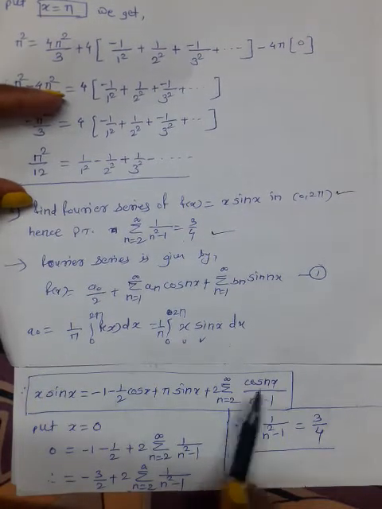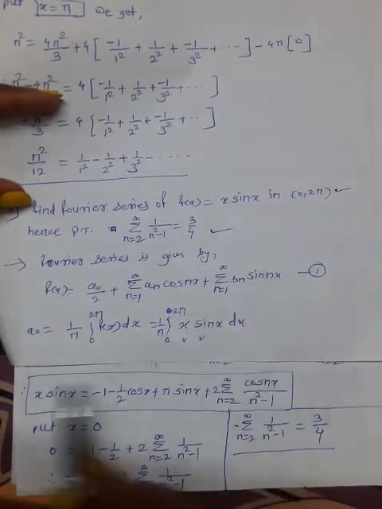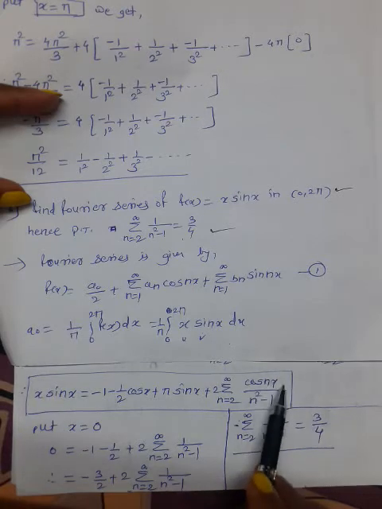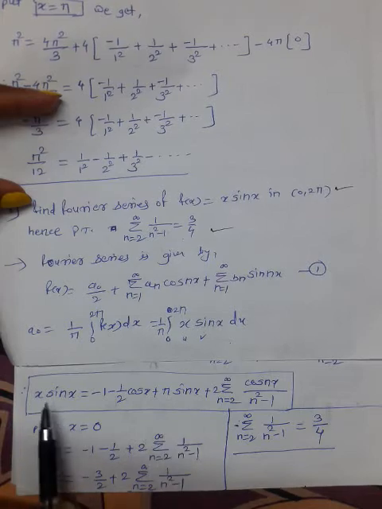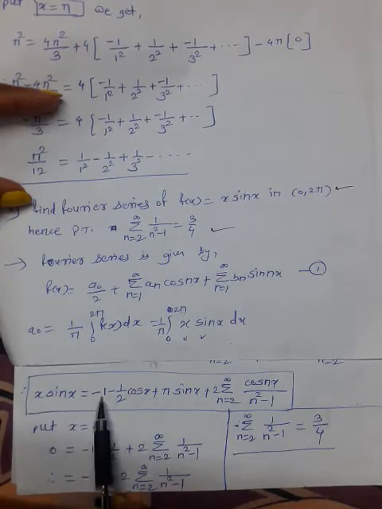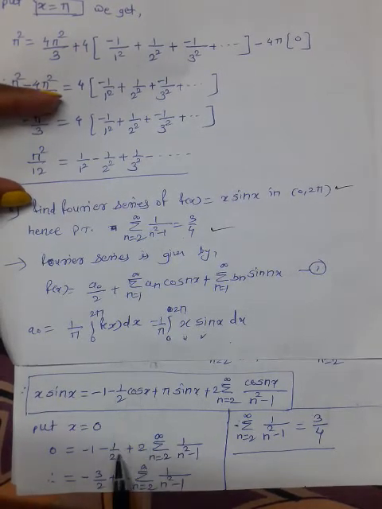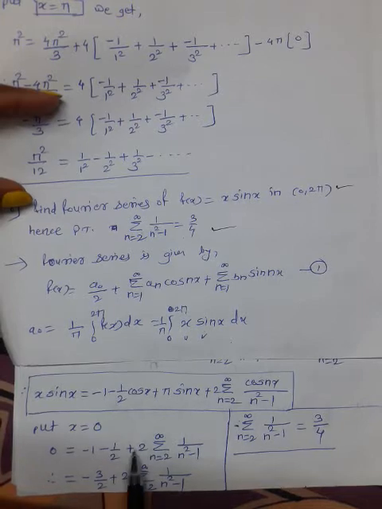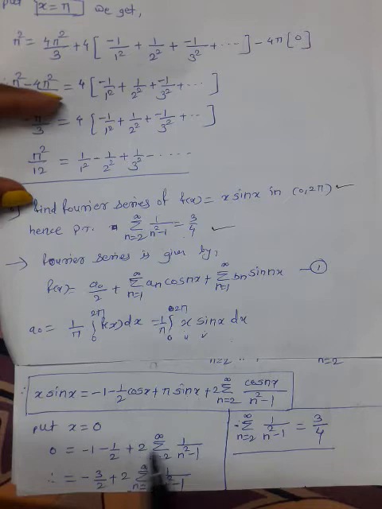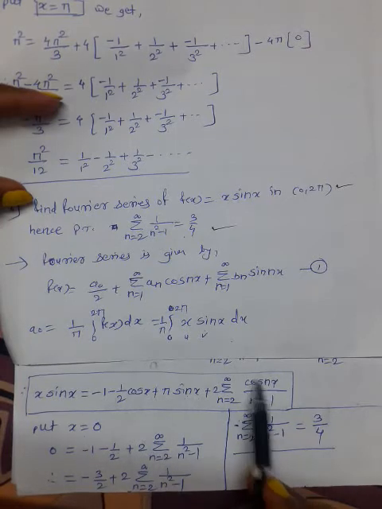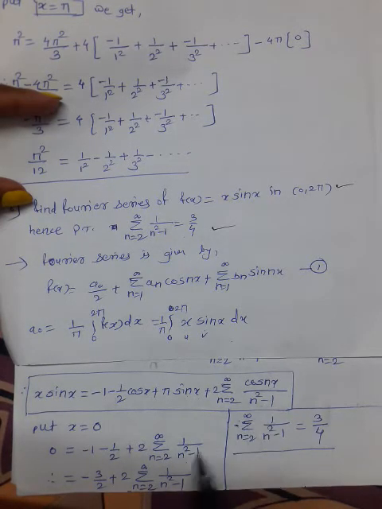That means we have to put such a value of x here on both sides so that this becomes 1. That's why I put x is equal to 0 on both sides. What do we get? 0 into anything is 0, minus 1 minus cos 0 is half, cos 0 is 1, minus half, plus sin 0 is 0, no need to write 0, plus 2 as it is, summation over n, cos 0 is 1, upon n square minus 1.